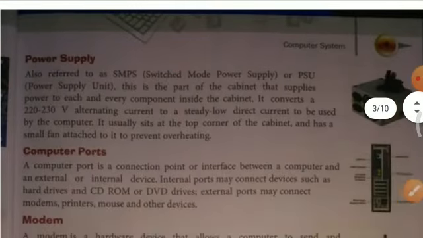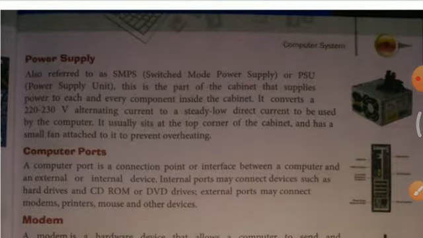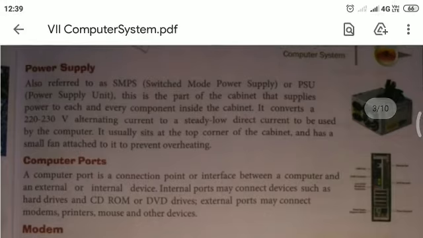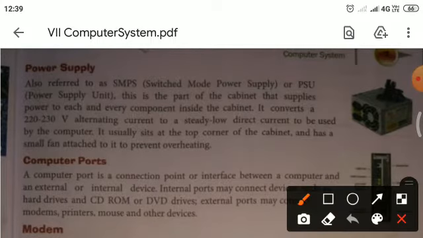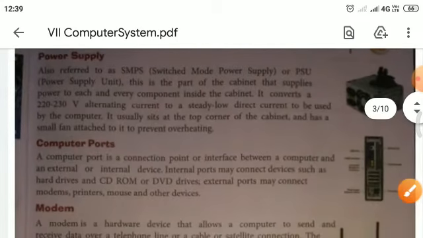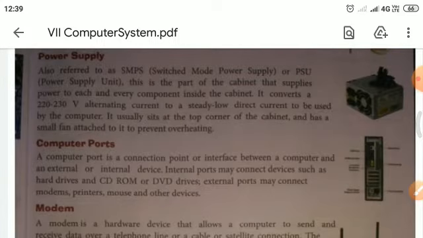And the next component is the power supply. Students, it is also referred to as SMPS, switched mode power supply, or PSU, power supply unit. And here, students, you should keep in your mind the full forms of SMPS and PSU.